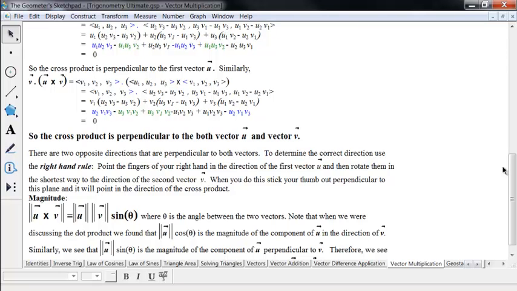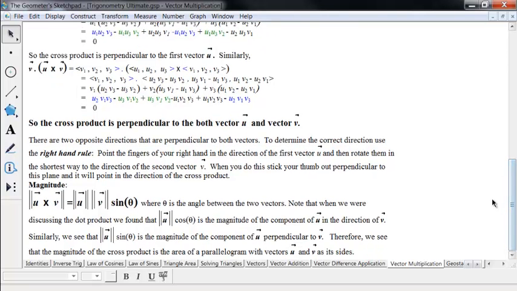Now, the magnitude of this turns out to be the norm of u times the norm of v times the sine of the angle in between. Remember that the dot product was the norm of u times the norm of v times the cosine of the angle. And so it has something to do with these projections. We found that the norm of u times cosine of theta was the magnitude of the component of u in the direction of v.